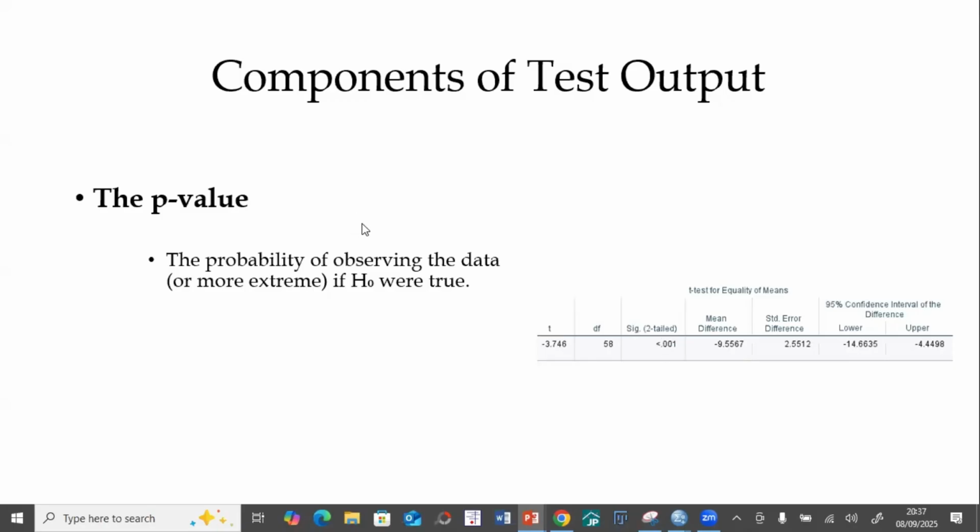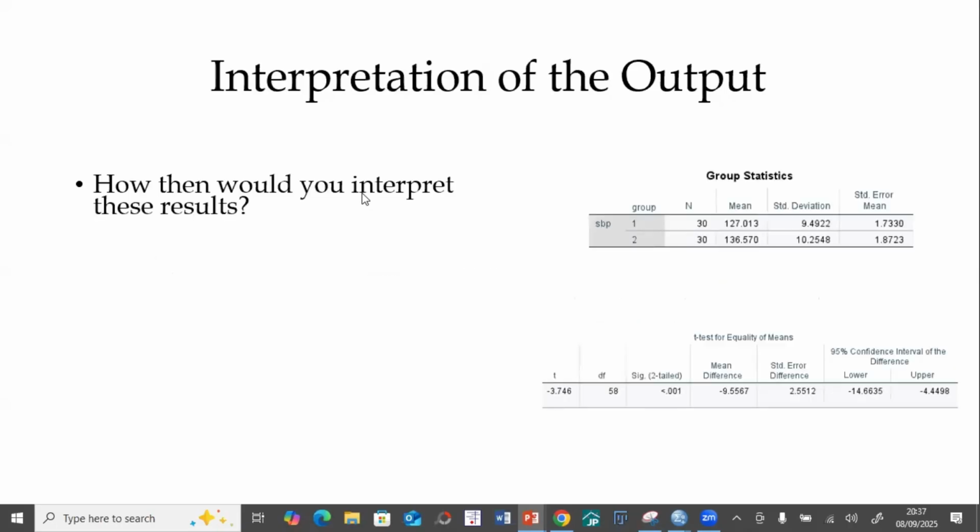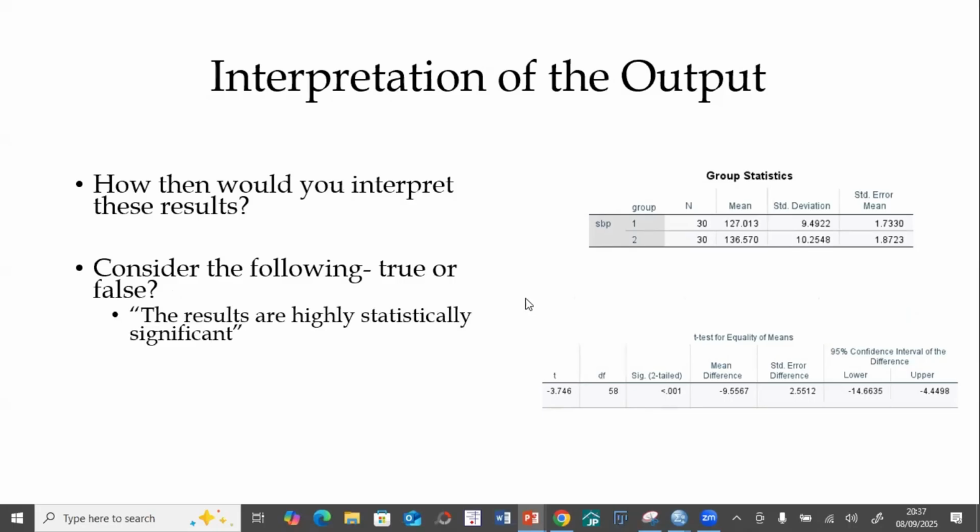What is the conventional interpretation of this? Most people would look at it this way. There is a category of researchers who would say that since that p-value is less than the alpha that we set, which was 0.05, the results are statistically significant, which is fair.